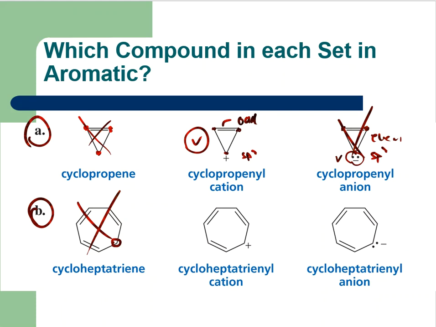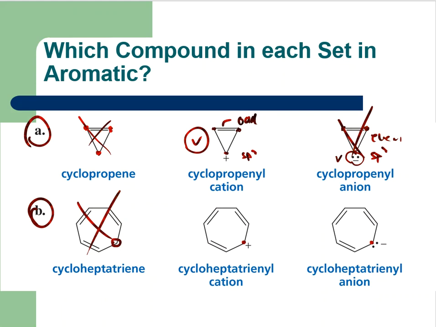So I need to stop and think about what's happening here. So this carbon is an sp2 carbon, and this carbon is an sp2 carbon. The difference is that the p orbital here doesn't have electrons, and the p orbital here does have electrons. Okay, that is the difference between these 2 structures. This has the electrons removed, which is why it's positive, and this has an extra electron, which is why it's negative. So both of those meet that part of the definition.